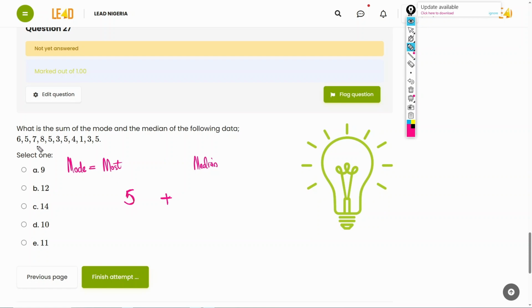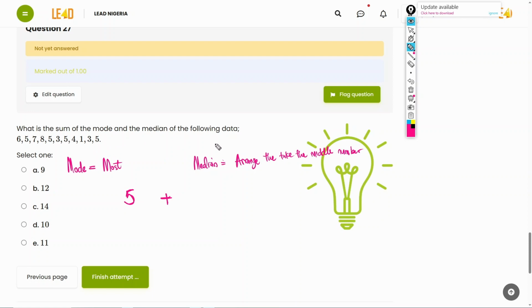Plus. Now the median means you arrange, then find the middle number, right? Then take the middle number. So it means the middle number after you have arranged. So let's arrange the data set.